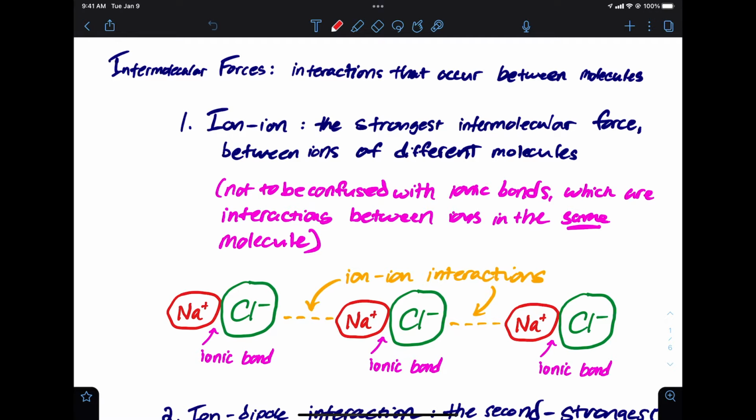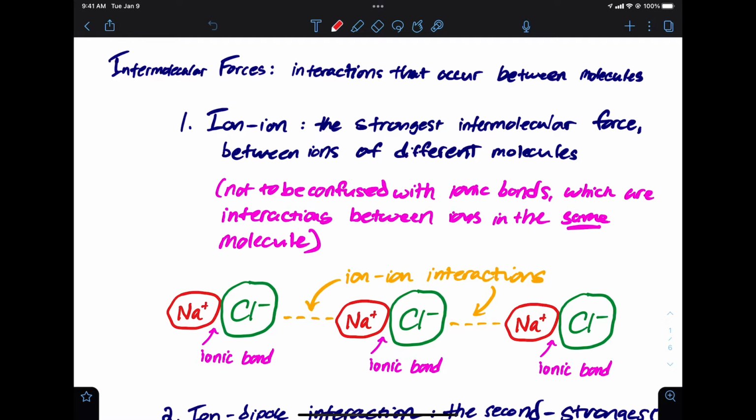An ion-ion intermolecular force is an intermolecular force between ions of different molecules. Not to be confused with ionic bonds, which are interactions between ions in the same molecule, holding 2 ions together to form a molecule.